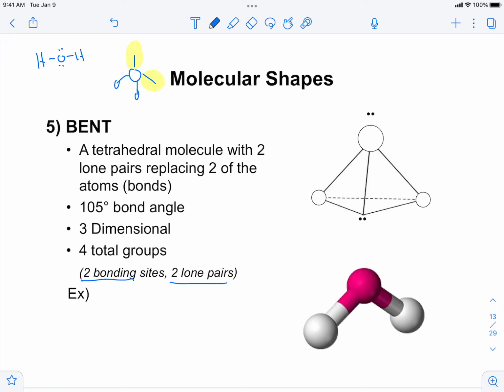So this shape is what we call bent, because from a side view, it looks like a bent line. Now, keep in mind, anything with 4 pairs can never be straight. So it's going to have to be 3-dimensional because it's going to have to stand. 3-dimensional, 4 groups, 2 bonds, 2 lone pairs.